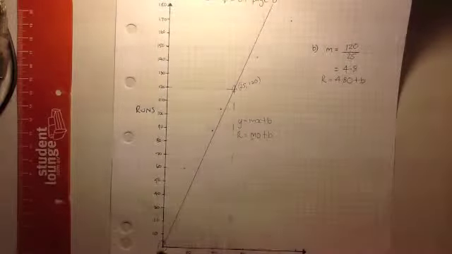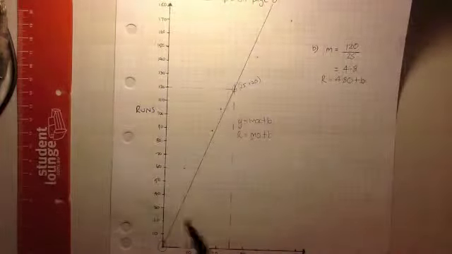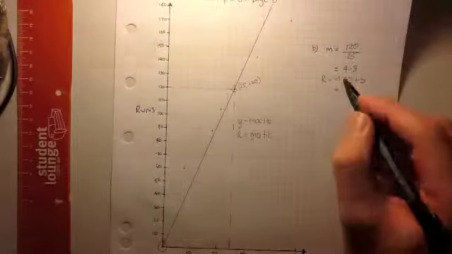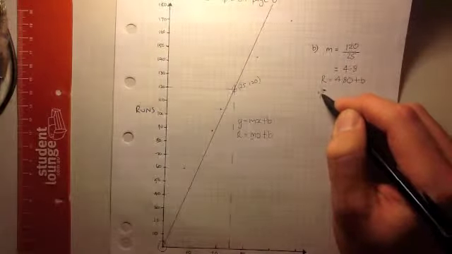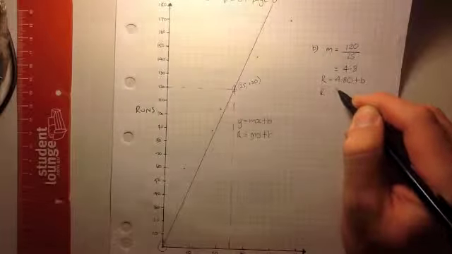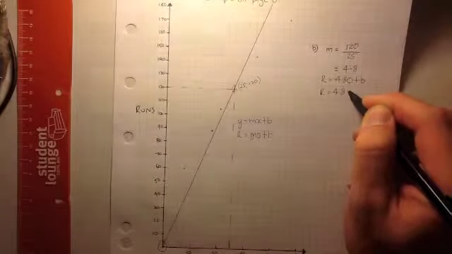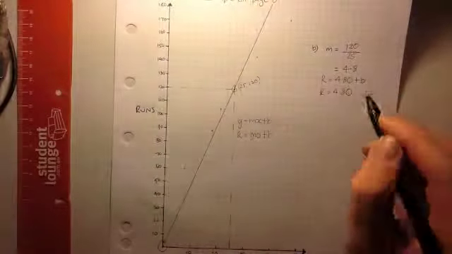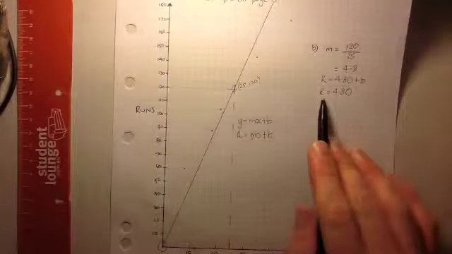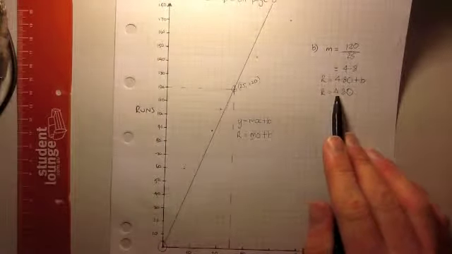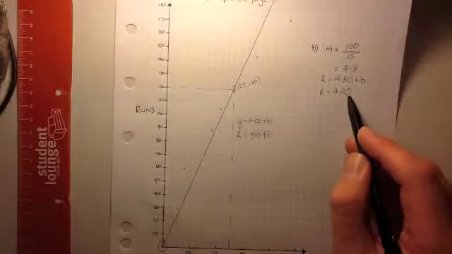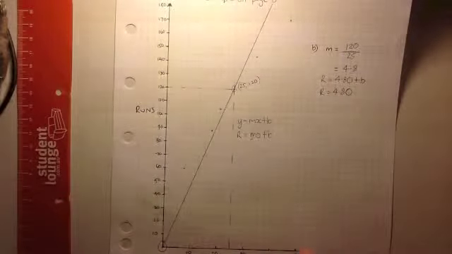So our B is going to be 0. Since it's 0, we don't write it. So our equation of the line is R equals 4.8 O. So runs equals 4.8 times O. So there we have the equation of our line.